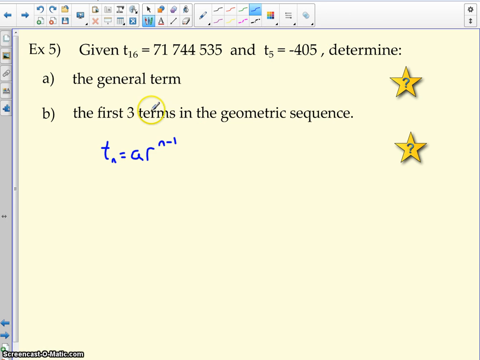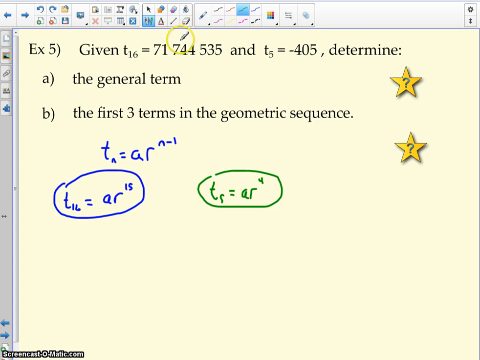So what I'm going to use is the fact that T16 will be equal to a times r to the n minus 1. If n is 16, it'll be a times r to the 15. Okay, and I'm also going to use the fact that that means that T5 is a times r to the 4th power.